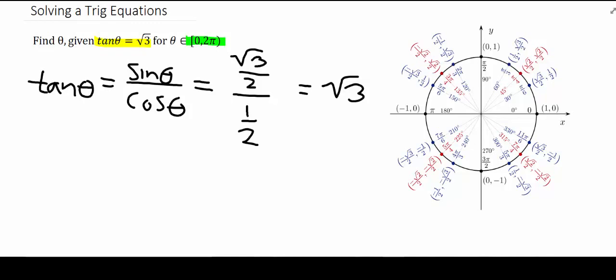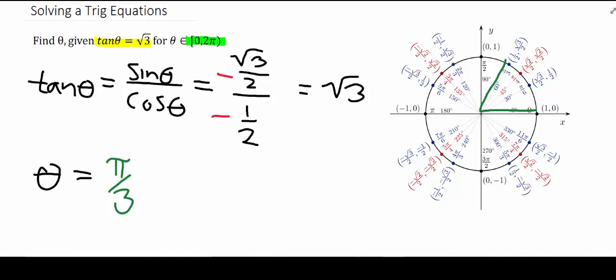Well, where is sine of theta equal to the square root of 3 over 2? That information is right here. So the 60 degrees, pi over 3. So now I can say theta equals pi over 3 is one of my solutions. But now remember that another solution would be as if these were negative values.